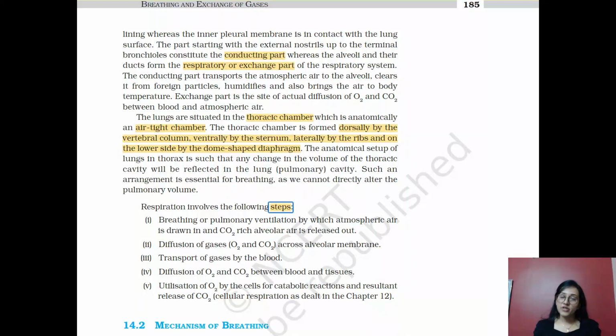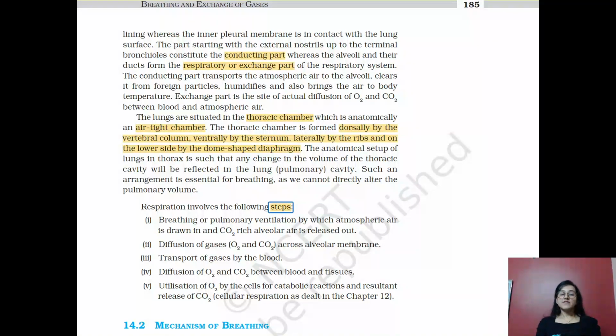Then after the transportation, the blood reaches the tissues. Then again there is diffusion of oxygen and carbon dioxide between blood and tissues. Then tissues take up the oxygen. It goes through cellular respiration. Different catabolic reactions are there, and the output is carbon dioxide. Then this carbon dioxide is again transported by blood to the alveoli for expiring. Then utilization of oxygen by the cells for catabolic reactions and resultant release of carbon dioxide.